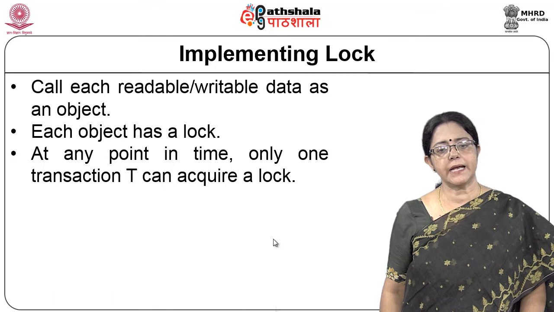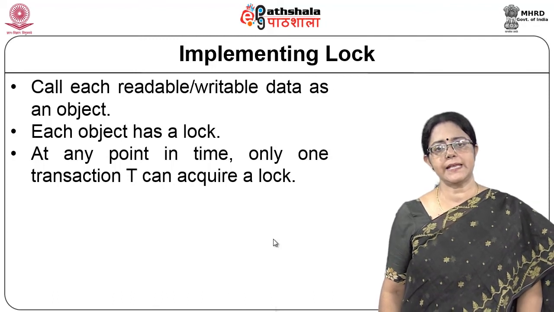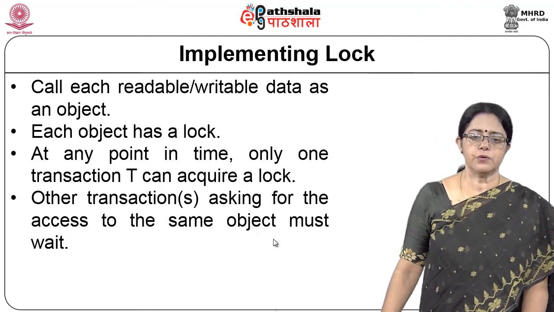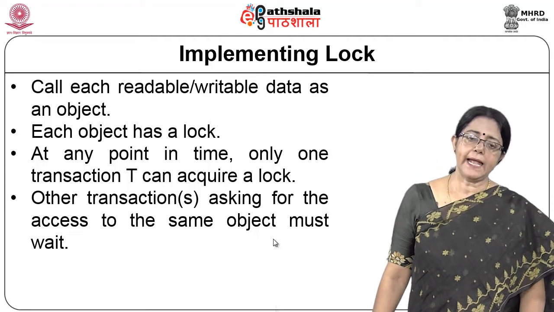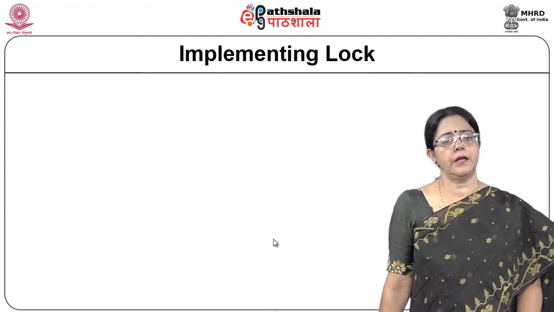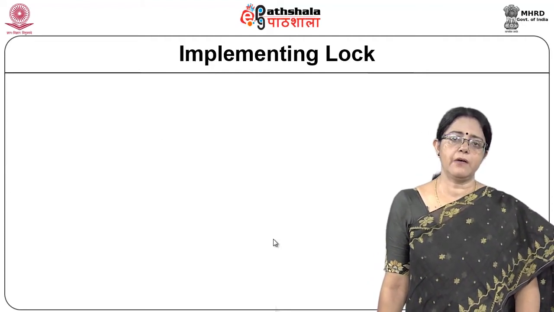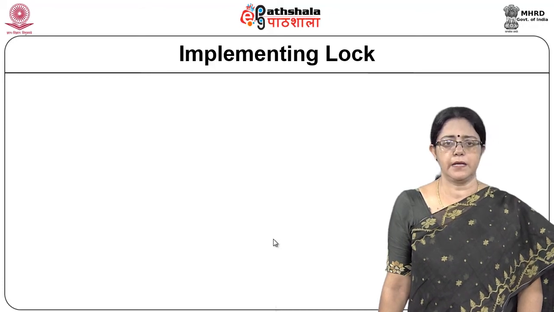At any point in time, only one transaction is allowed to put a lock. So, other transactions will wait and will be given access only after the first transaction has released it.